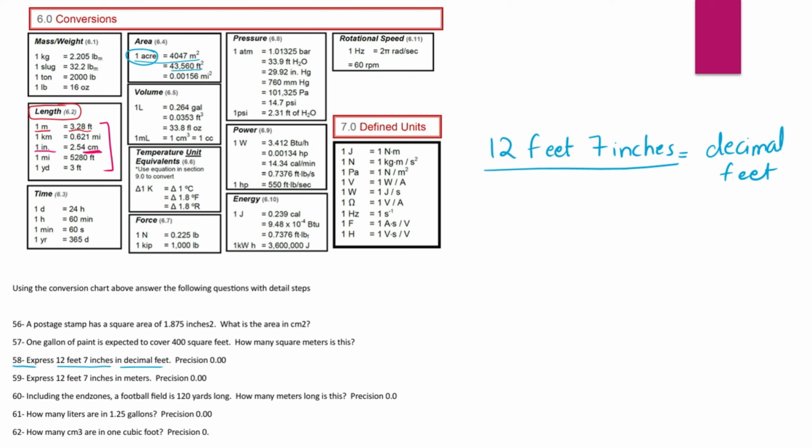For that, first of all, we need to look at this value. We have 12 feet, and we have an extra value which is 7 inches. So 12 feet is already in feet, right? We need to convert this 7 inches also into feet.